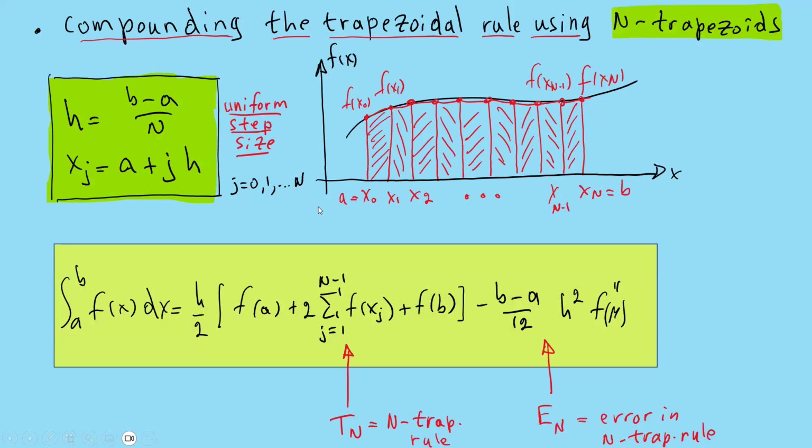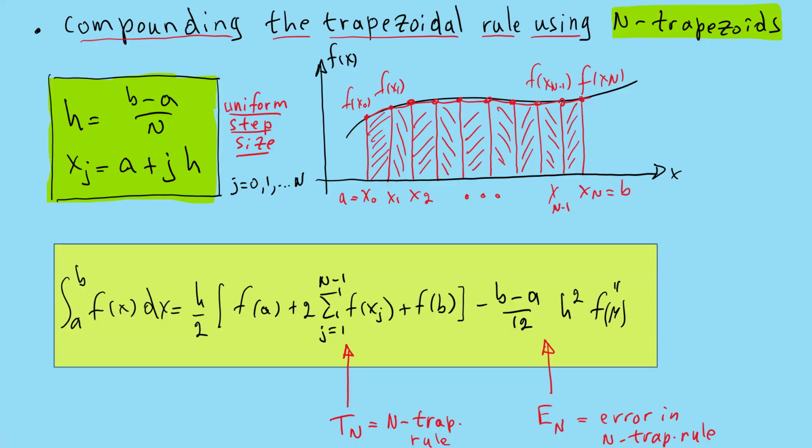Okay, this is the compound trapezoidal rule. We learned that to get a more accurate estimate of an integral, we can use the compound trapezoidal rule.